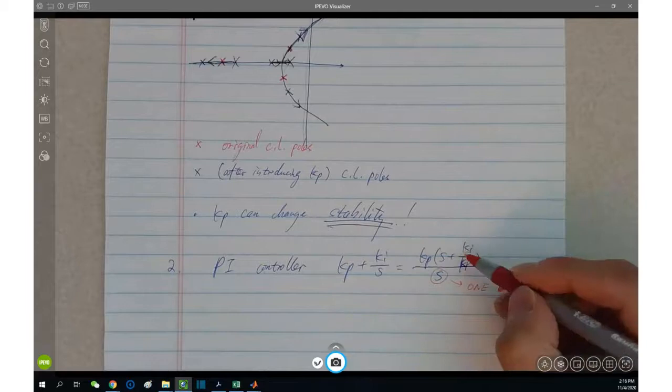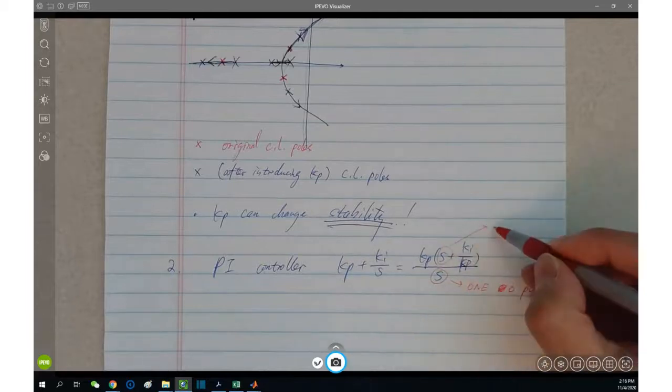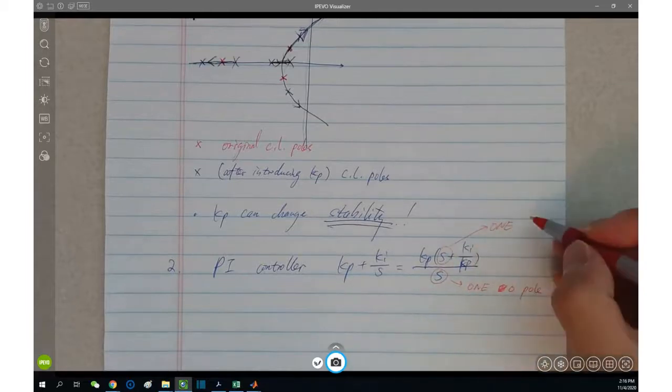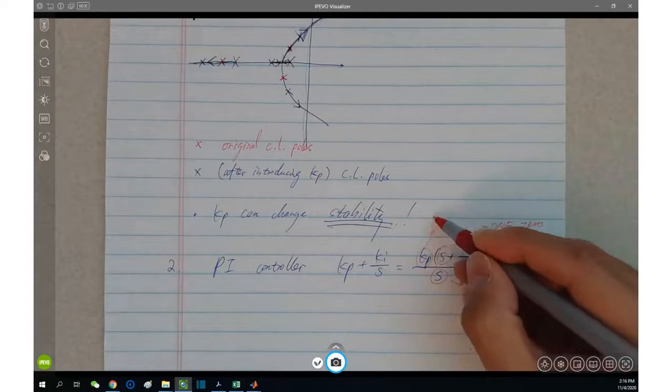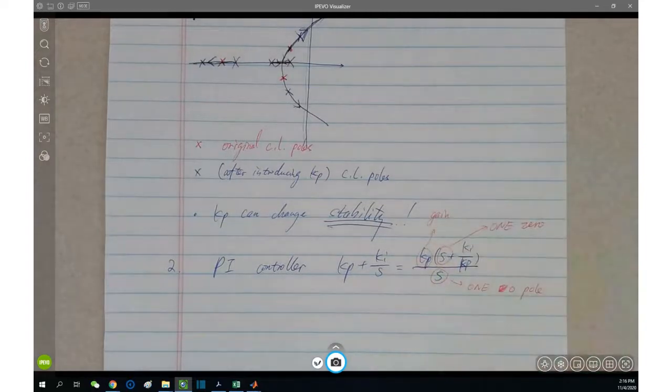And here is what? 1 zero. And what? A new gain. You see, it is doing more than P itself.